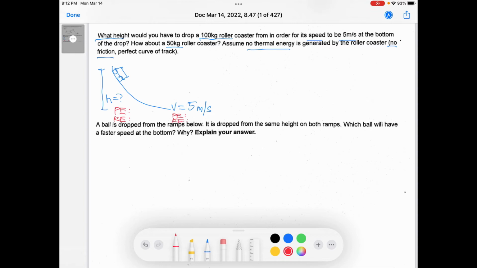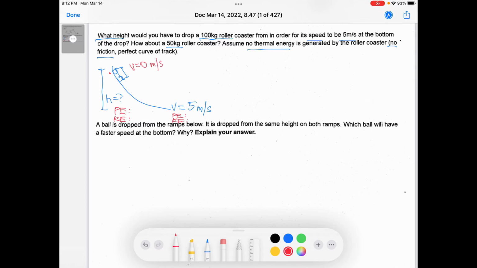At the top of the slope, the roller coaster has a speed of 0 meters per second. We're going to drop it from rest.